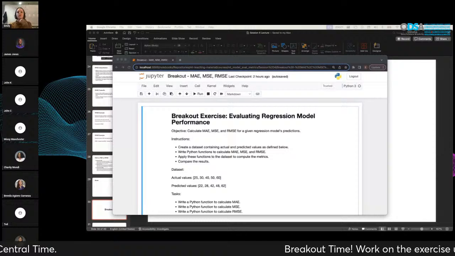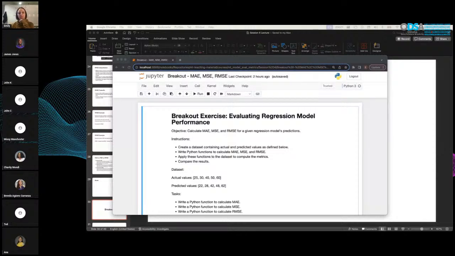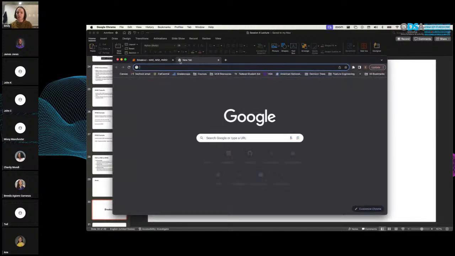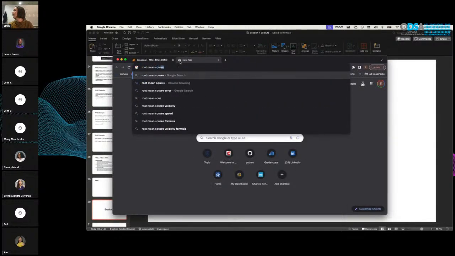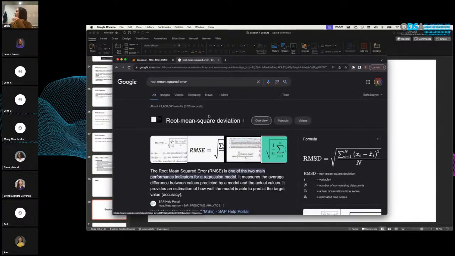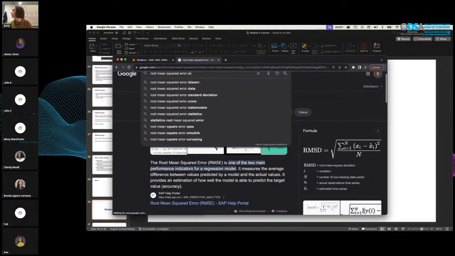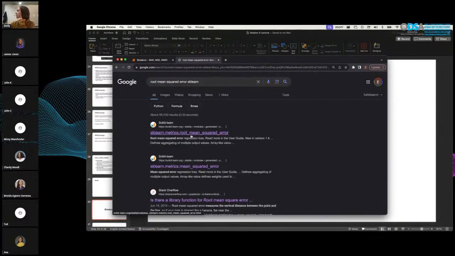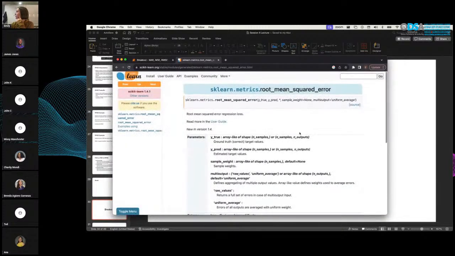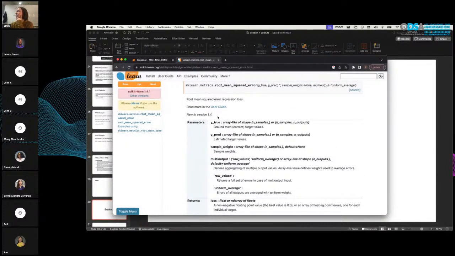If you're trying to use the root mean squared error from sklearn, just so you know, it's new in version 1.4.